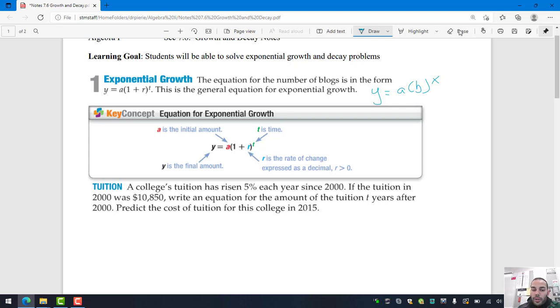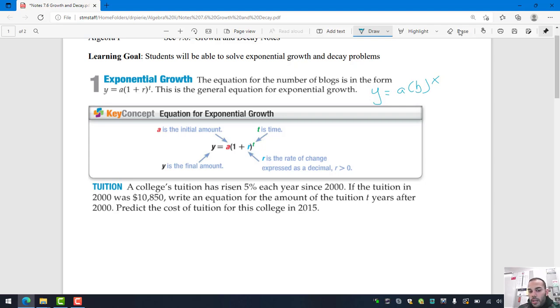So y is always going to represent what we call the final amount. When we're dealing with exponential growth, the amount of whatever we're looking at is growing over time. If what we're trying to solve for is the final amount after a certain amount of time has passed, y equals is still the left-hand side of the equation.